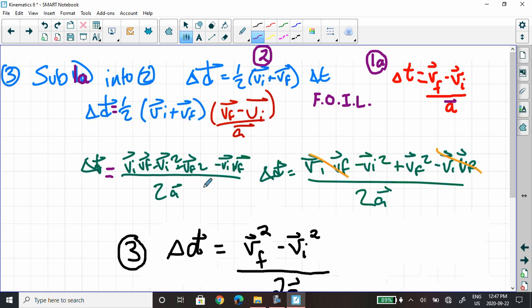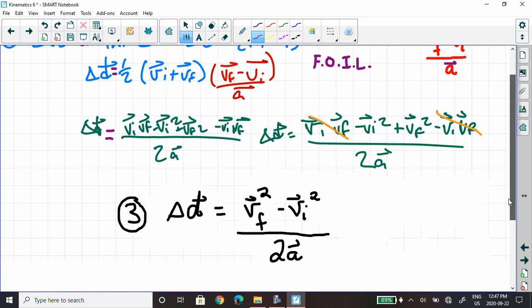Now we're going to collect some like terms. If you take a look at this, the Vi Vf and the negative Vi Vf, well, they're going to cancel out. It's like 1 minus 1, 0. They're gone. So the first term and the outside term, they subtract away. So we're left with negative Vi squared plus Vf squared in the numerator and 2 times the acceleration in the denominator.